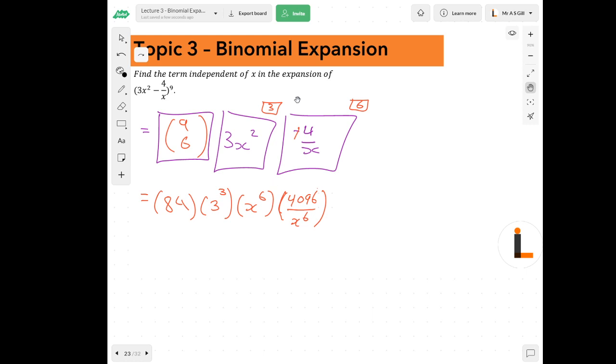So I'll go through and just tidy that up, and I'll write up the full solution in just a second. Should get quite a large number for our final answer.